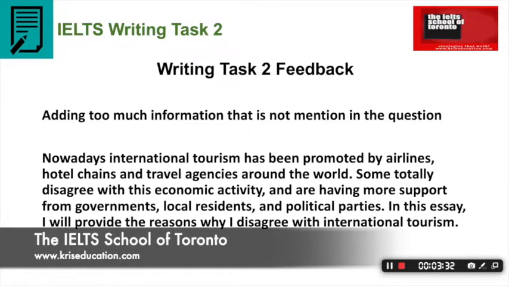This introduction is not working very well because you've got many ideas that are not given in the question. The question does not talk about airlines, hotel chains, travel agencies, and so on. The question does not talk about the support given by governments, local residents, political parties. Do not do this because it is very easy to go off topic in the real IELTS test.